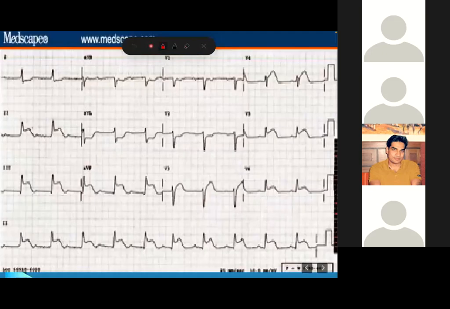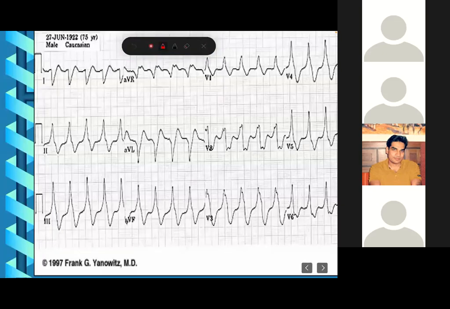This is for practice: can we count the large boxes from this ECG? For easy interpretation, we have to locate the R wave that is falling exactly on a large line, if the rhythm is regular.